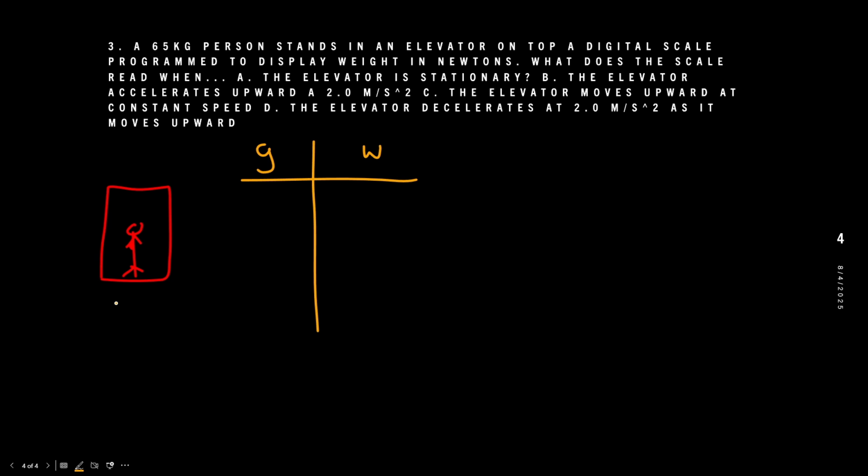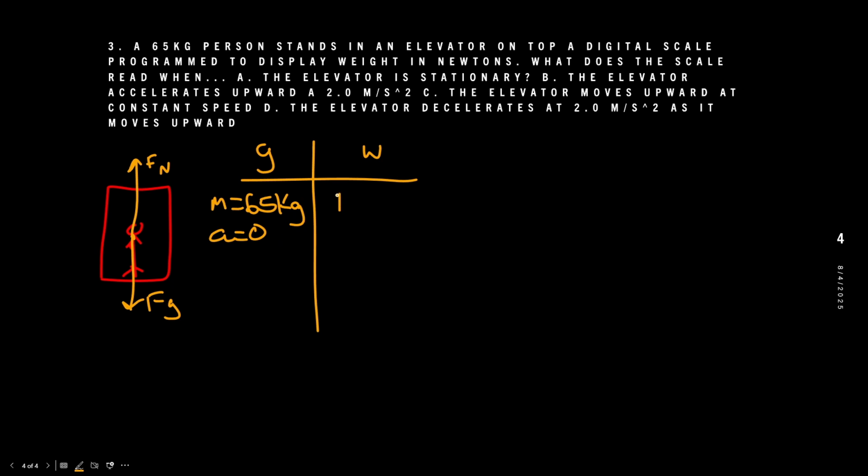For part C, the elevator is moving upwards at a constant speed, which means that a equals 0. So Fn and Fg would equal the same thing, just like in part A. So m would still be 65 kg, and a would be 0 because it's not accelerating.